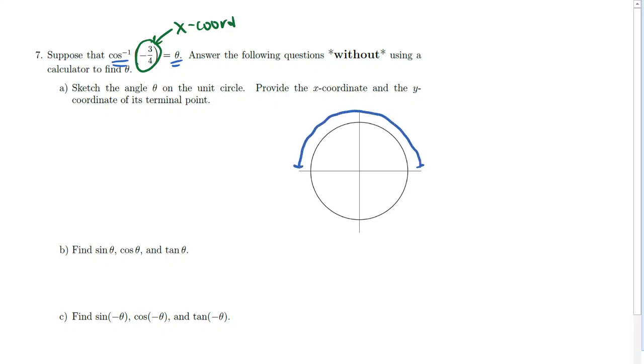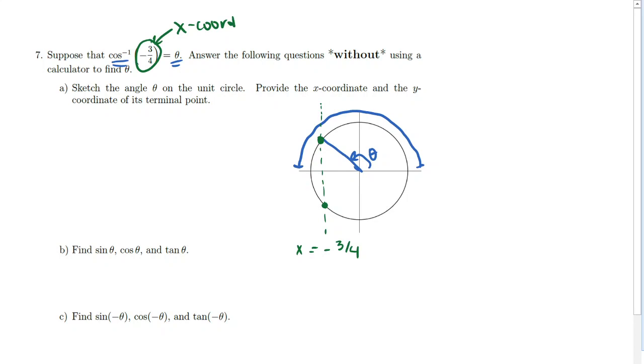So when we look at these x-coordinates of negative 3 over 4 on this unit circle, usually there are multiple angles that do the job. Cosine inverse is only going to return the angle here between 0 and pi radians. So this is exactly the angle theta. And again, just to make this very clear, this is x equal to negative 3 over 4.